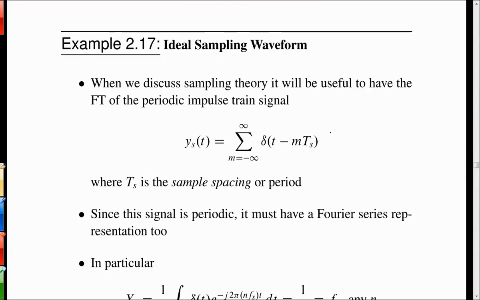The reason I call it a sampling waveform is that in the front end of a digitizing system, you can think of this impulse train as grabbing samples of the waveform, as if it's momentarily closing a switch, grabbing a sample, then opening the switch. Those sample values then get held by the A to D, and the A to D converts it to a binary word. Does that make sense?